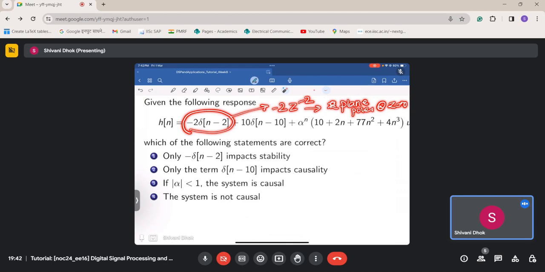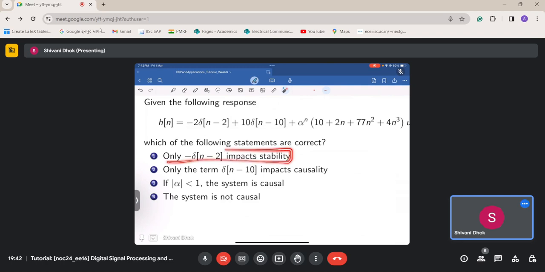These are constant terms, not exponential terms, and they won't impact stability. So this term will not make you lose the unit circle from the ROC, and will not impact my stability.